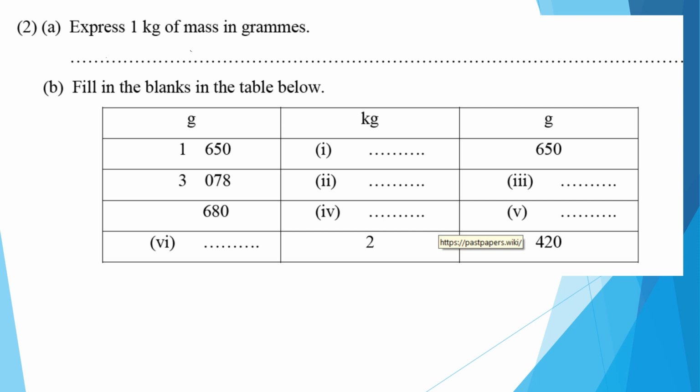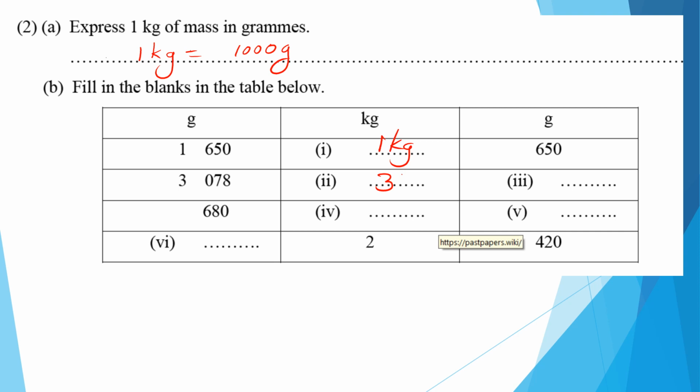Here you have to express 1 kilogram of mass in grams. 1 kilogram is equal to 1000 grams. So this is the answer, right? So fill in the blanks in the table below. In this one, 1 kilogram and 650 grams means 1650 grams. That means 1 kilogram and 750 grams. So 3078, that means 3 kilograms.